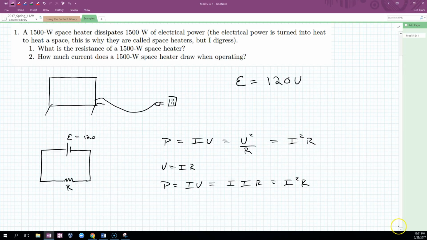So in the first case, what is the resistance of the space heater? Well, I know what the power is, so I'm going to use an equation that involves the power. I want the resistance, so I'm going to use an equation that involves the resistance. And then I know the voltage, so I'm going to use this equation here, because that relates the power to the voltage and the resistance.